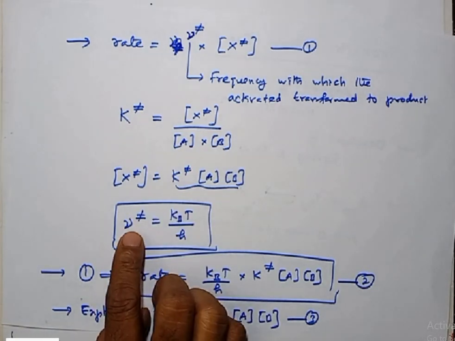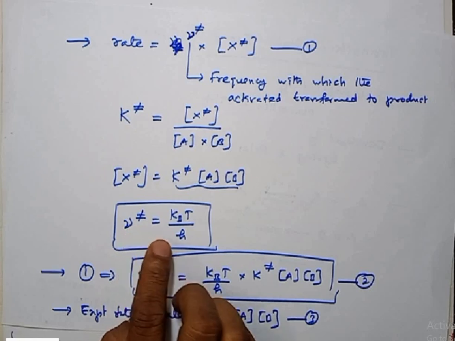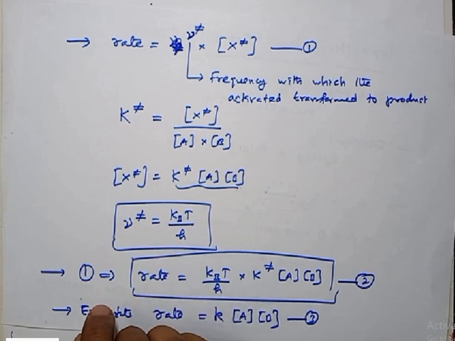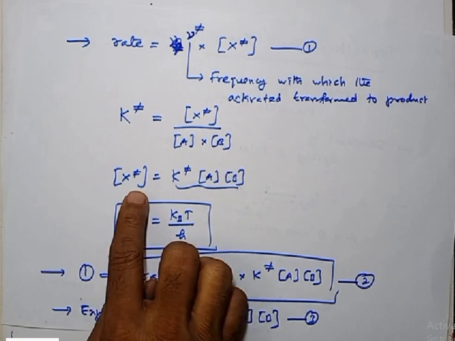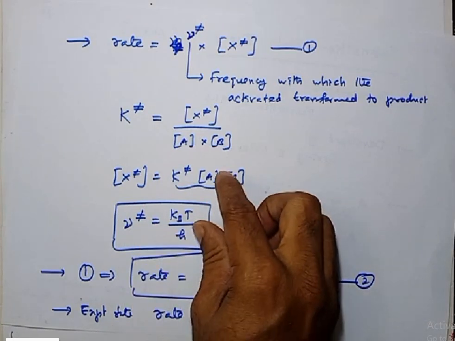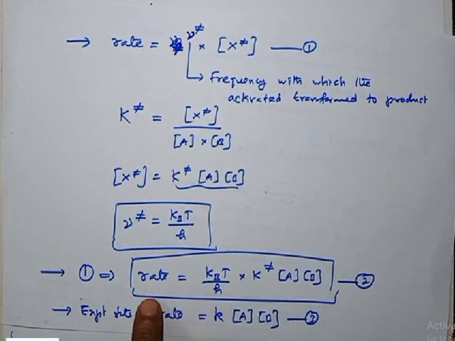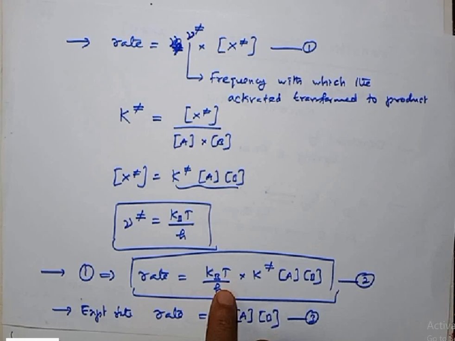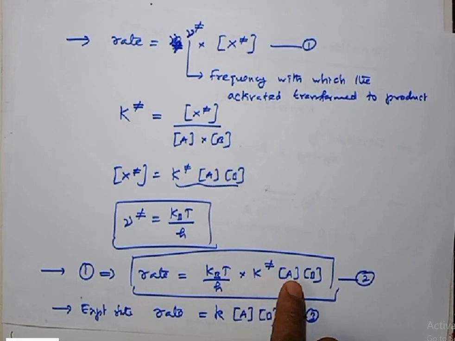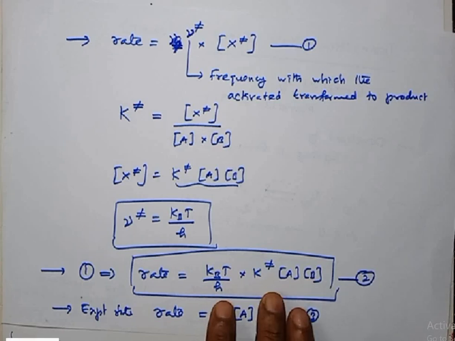But remember, the frequency of the vibration is equal to kBT by h. So this is the concentration, this is the frequency. Substitute these values here. You will get rate is equal to kBT by h, K double dagger, times concentration of A times concentration of B.